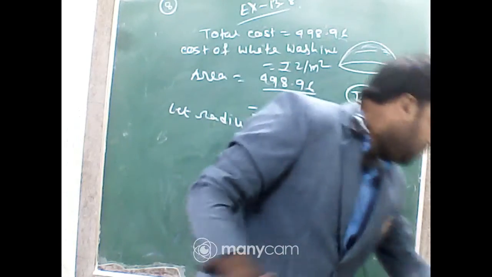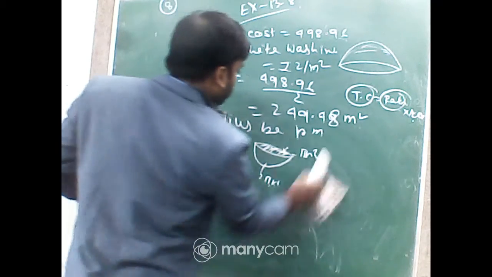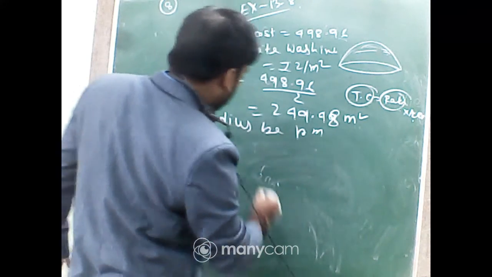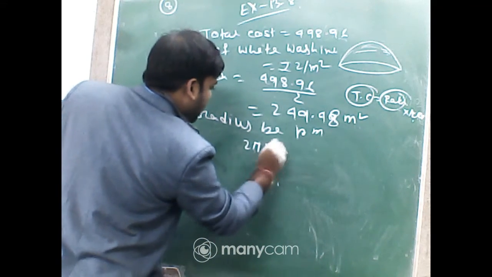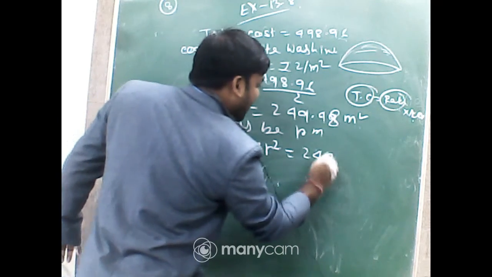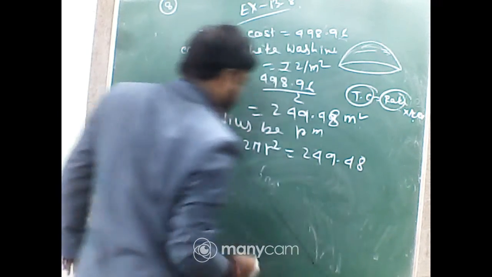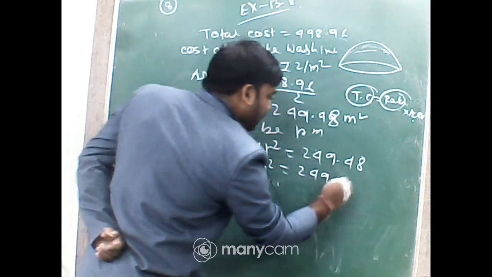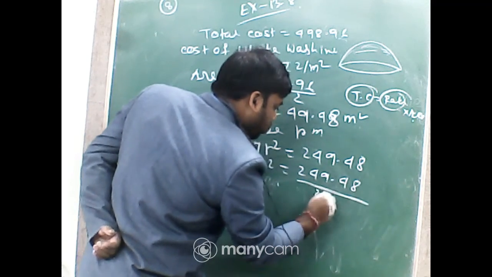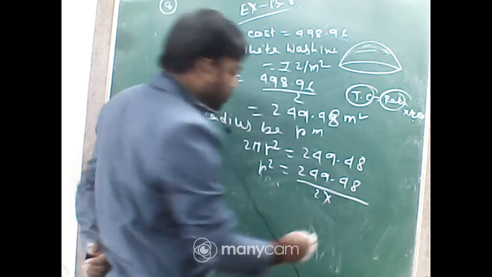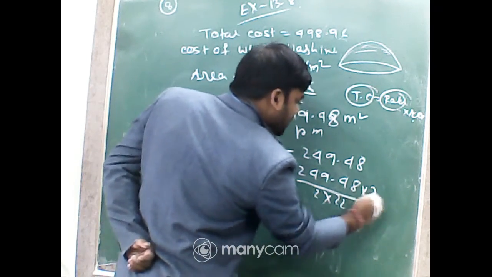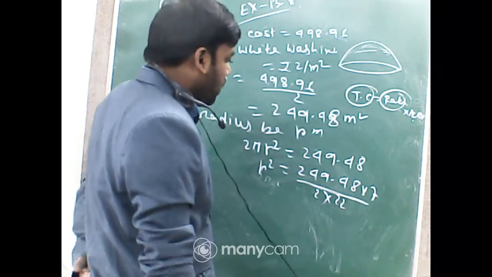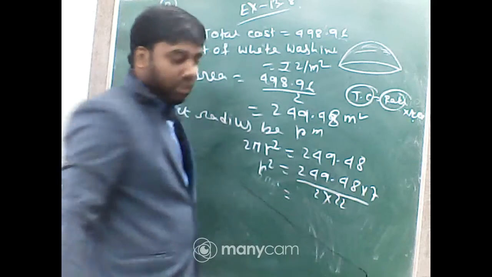So 2 pi r square equals 249.48. So r square equals 249.48 divided by pi, where pi is 22 by 7. So you can put 22 here and 7 is here. 249.48 into 7, now calculate it quickly.